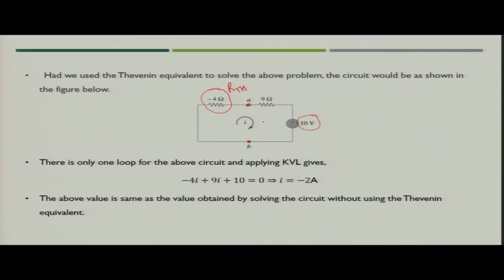When you apply KVL in this circuit, you will again get current I as minus 2 ampere.